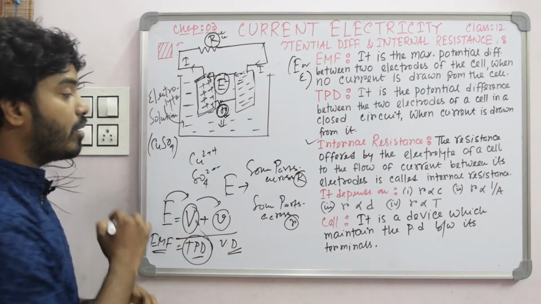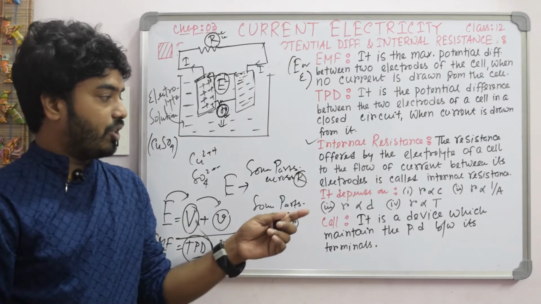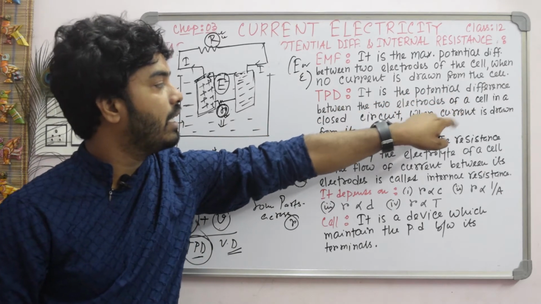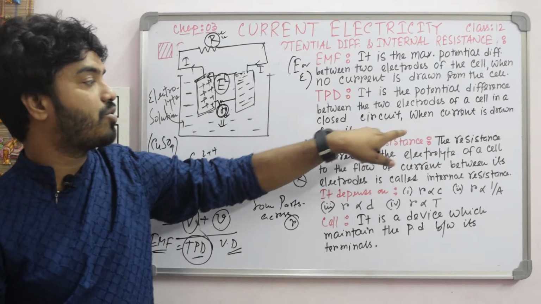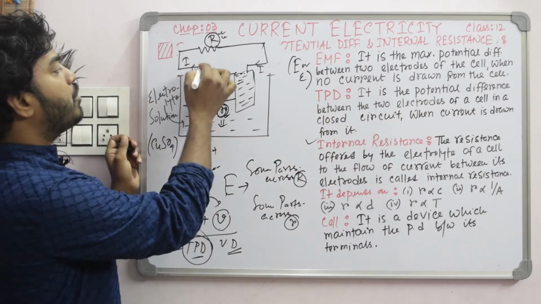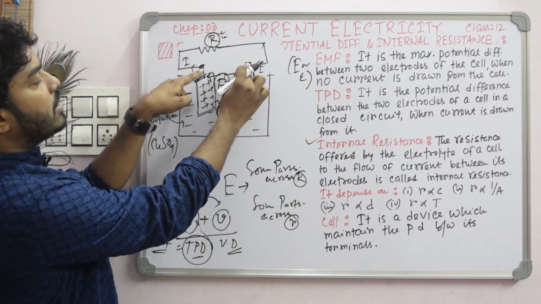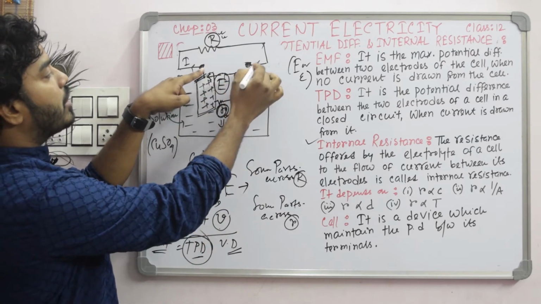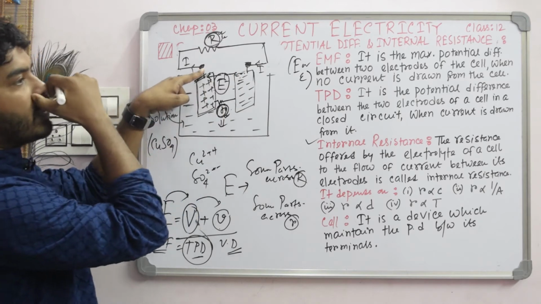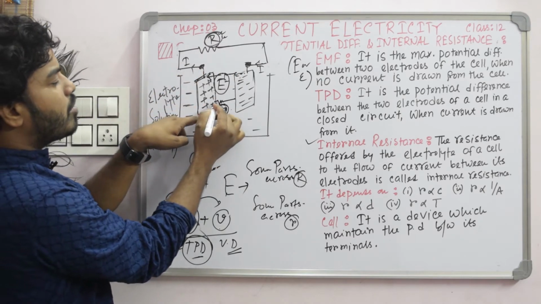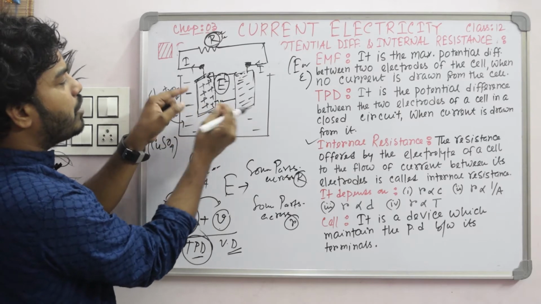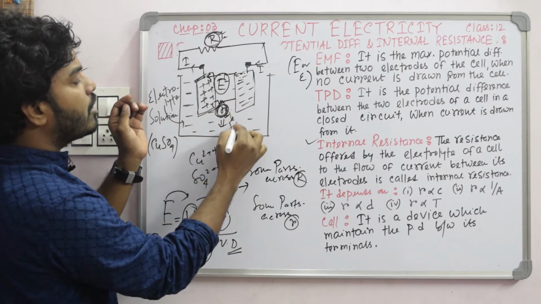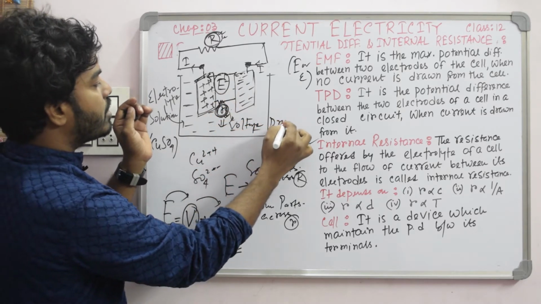So what is terminal potential difference, students? This is our definition. Terminal potential difference is the potential difference between the two electrodes of a cell in a closed circuit, that means when current is drawn from it. That means the potential across capital R, and the voltage drop across small r between the two electrodes, is due to internal resistance, and this potential difference is named the voltage drop.